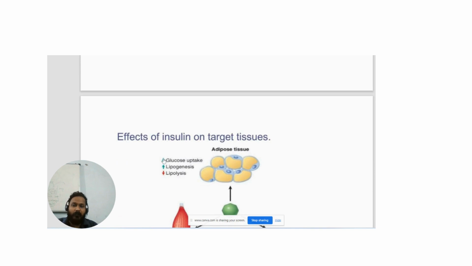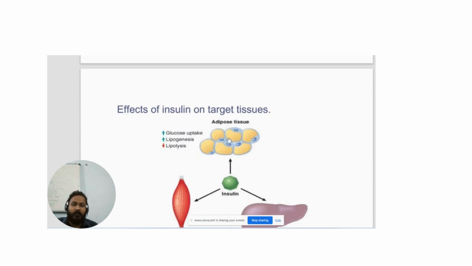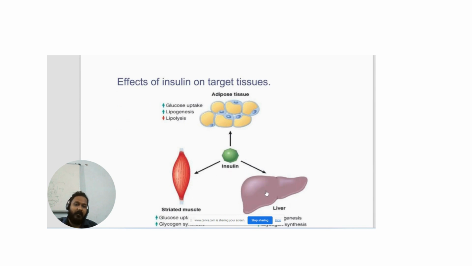Now the effect of insulin on the targeted tissues: it provides effect on adipose tissue, muscles, and liver. On adipose tissue, it decreases lipolysis. Lipolysis means breakdown of lipid, and it increases the glucose uptake. It is very essential for energy production, and oxidation of glucose produces energy in the human body, and it is stored in the form of ATP.